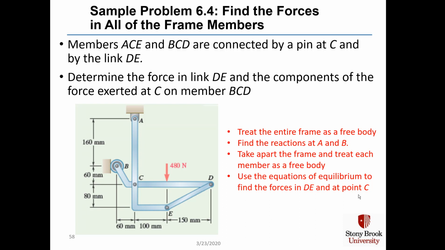In order to do that, we're going to first treat the entire frame as a free body and find the reactions at pinned point A and point B on rollers. Then we'll take apart the frame and we'll treat each of the members as its own free body, and then we'll use the equations of equilibrium to find the forces in member DE and the forces at point C.